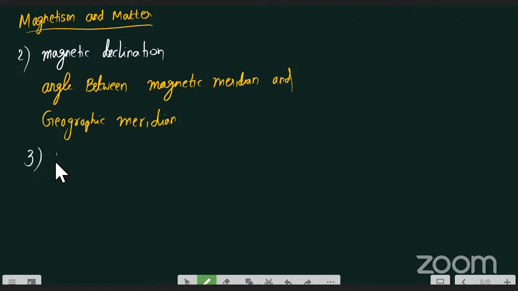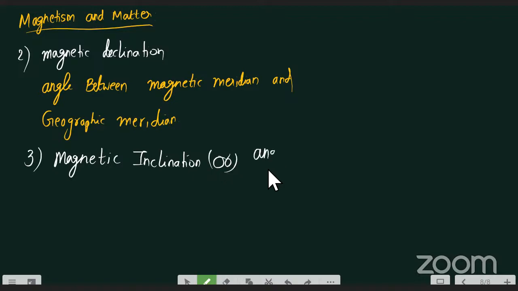The next question is magnetic inclination, the third one. Sometimes in the examination you can also be asked this as angle of dip. So see here, we'll try to draw one thing.